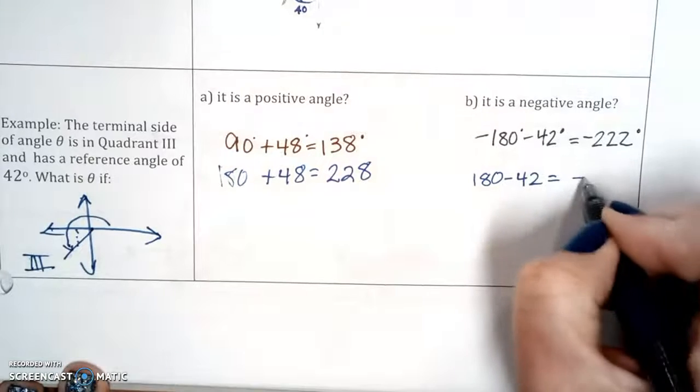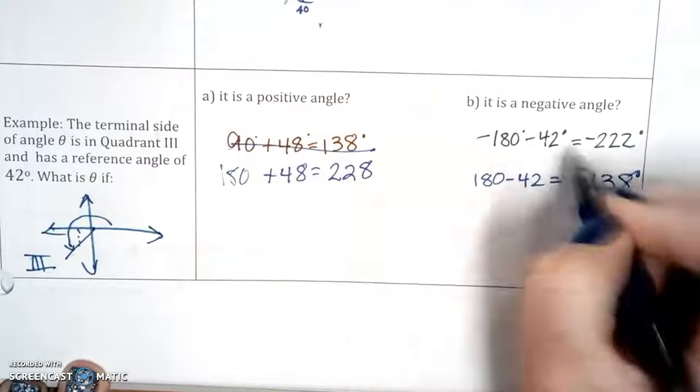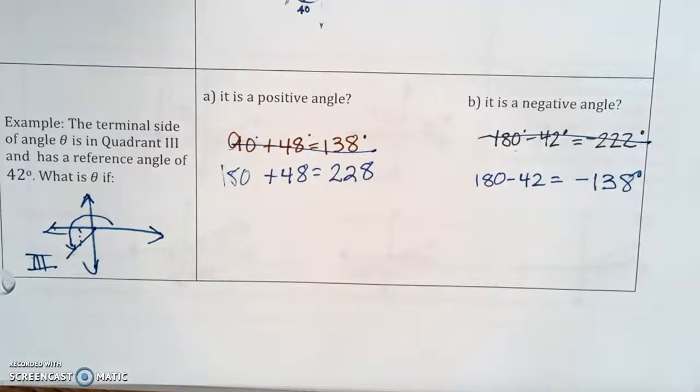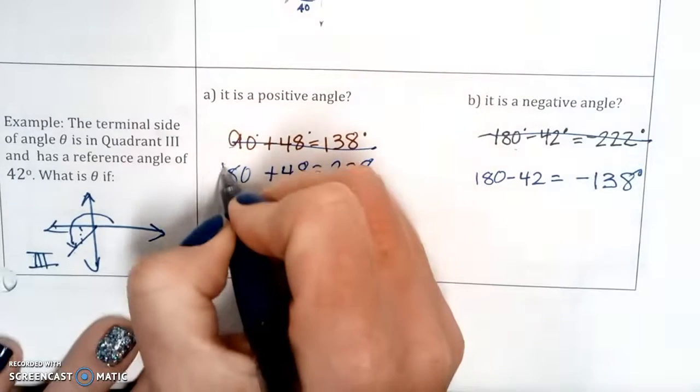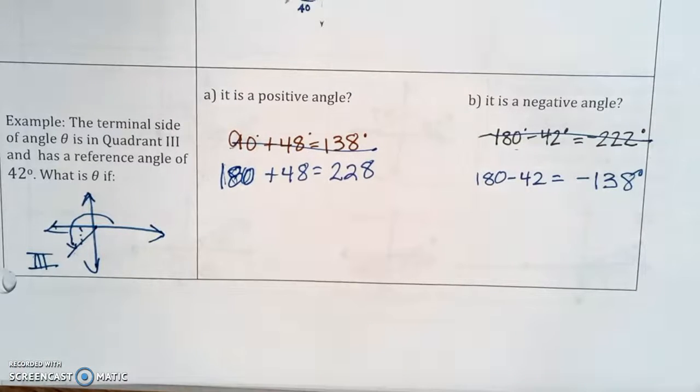Negative 138. I was showing the wrong quadrant. Let's fix that. There we go.